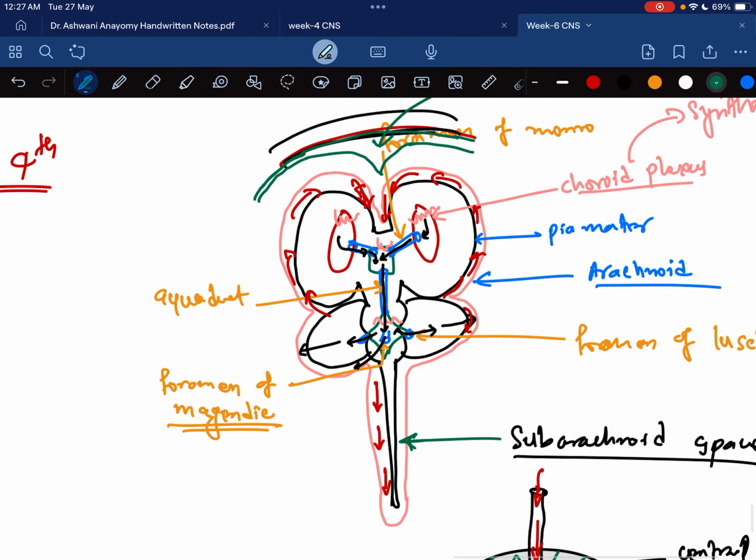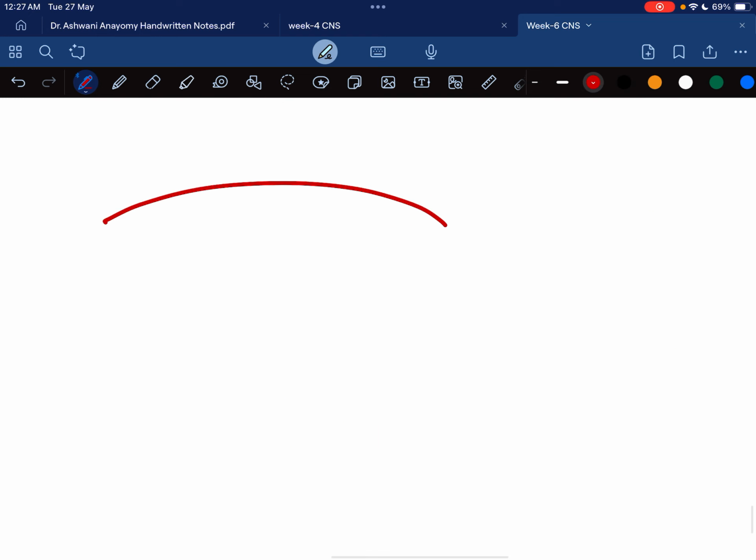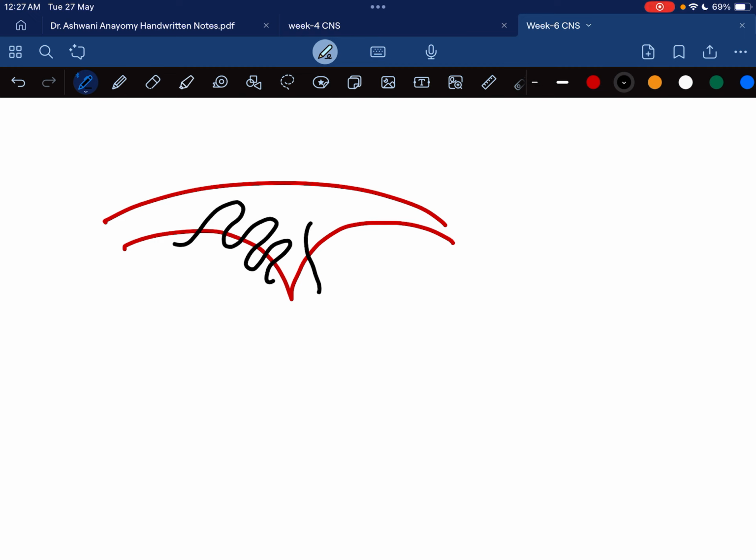And when this CSF comes, I'm going to draw on the image. Here these are the dural venous sinuses, and when it comes into this region, the subarachnoid cells go inside this, forming finger-like projections, and there is a capillary network.